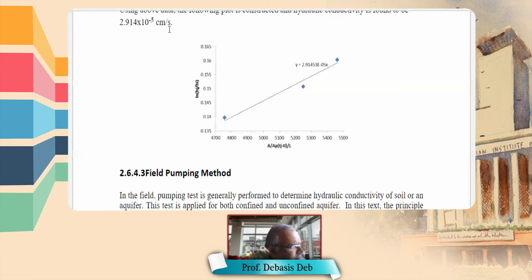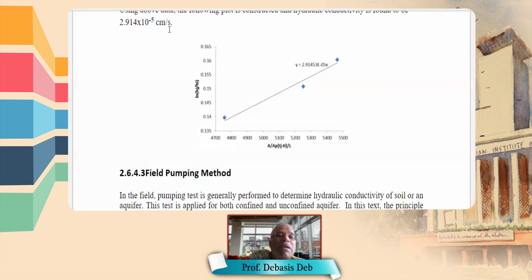And now you think about the groundwater, which is flowing below the earth surface, but through the rock layers. Now you can see this order is also more or less maybe 10 to the power minus 4 centimeter per second.